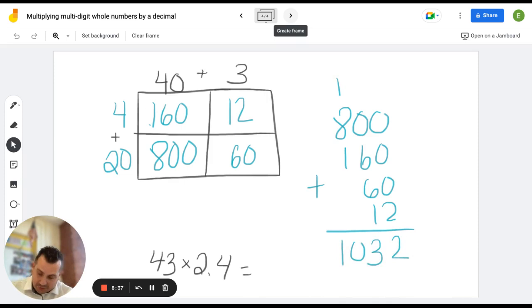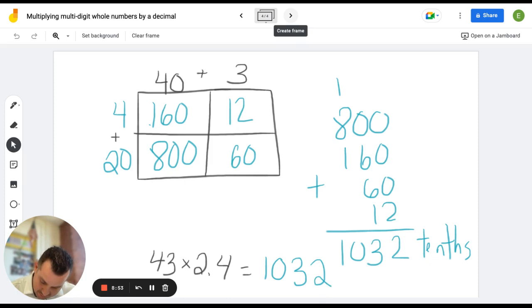But I know my answer isn't 1,032. It's really 1,032 tenths. And if I have 1,032 tenths, then my final product has to have a decimal point one place value in, which will give us tenths. So it's 103 and 2 tenths.